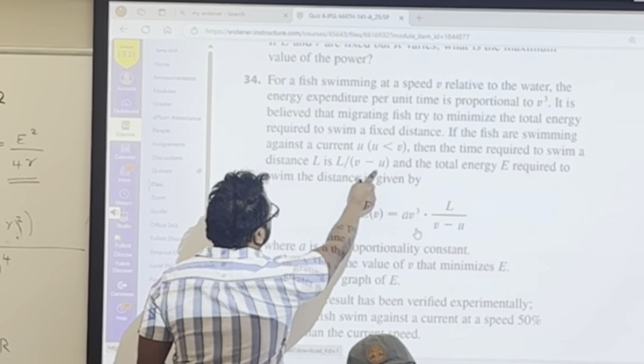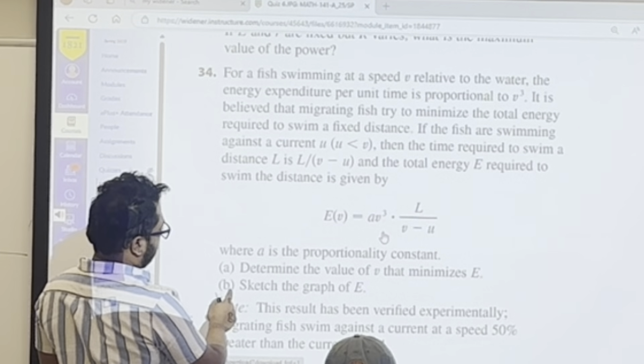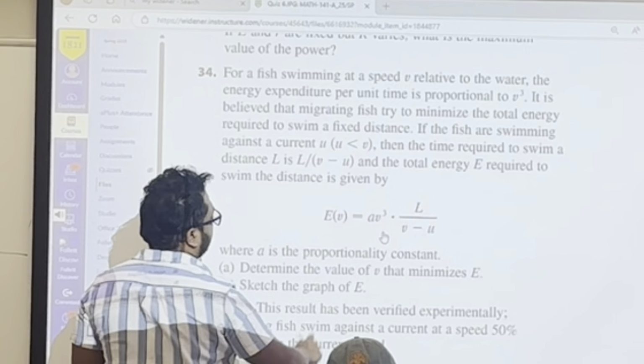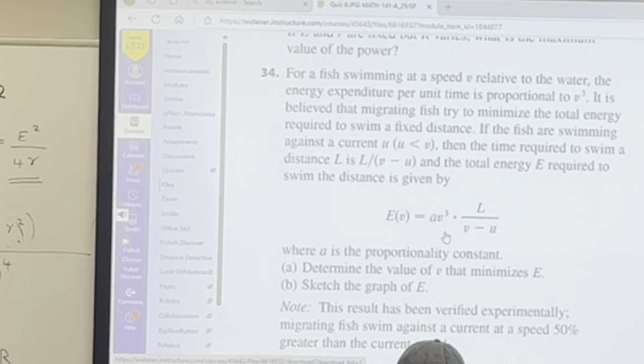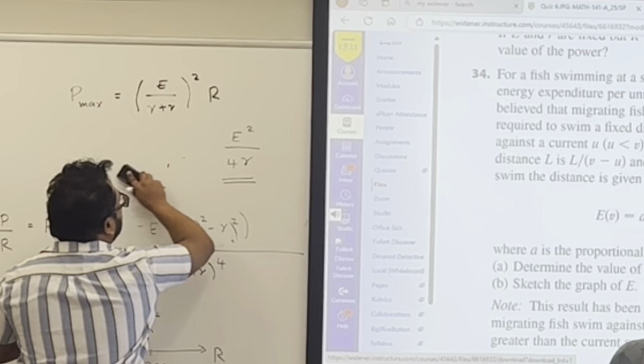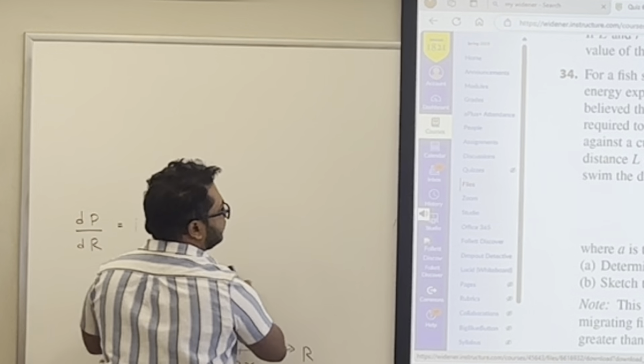A is the proportional constant. I think you know that in physics, normally you find out the connections between your variables.